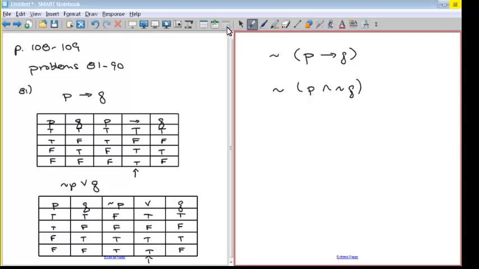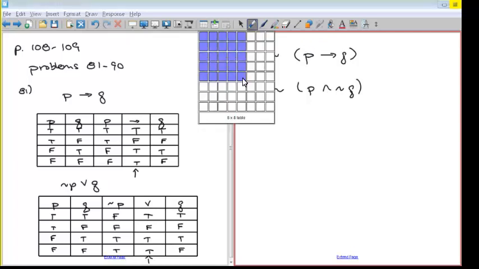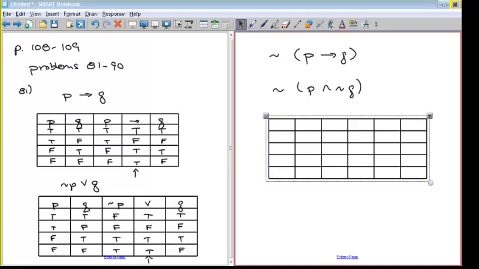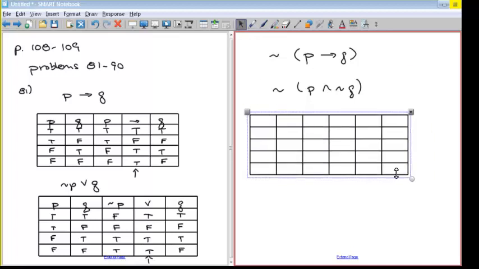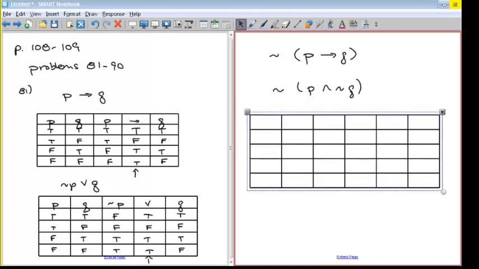So if I were to have the table for this particular case, I have to have one more column to take into account the negation part. The first two columns are P and Q, just like here. The last three columns are going to be whatever's inside. Let's just use this one: if P, then Q, and then I'm going to have the negation outside.